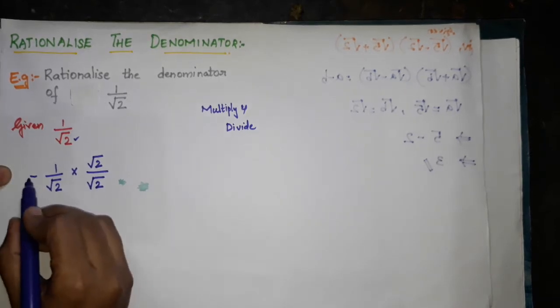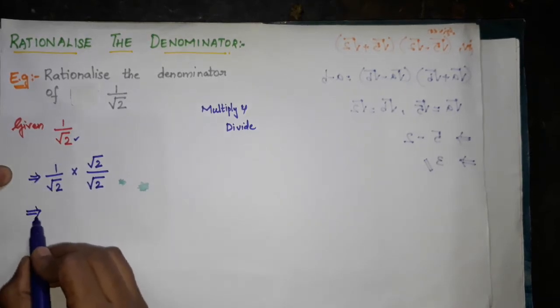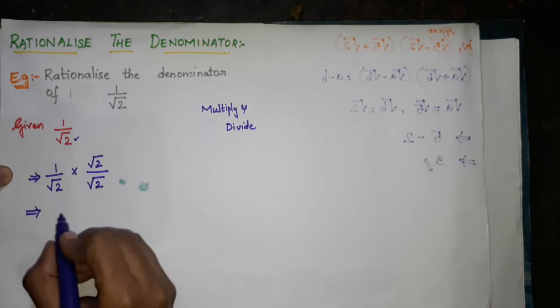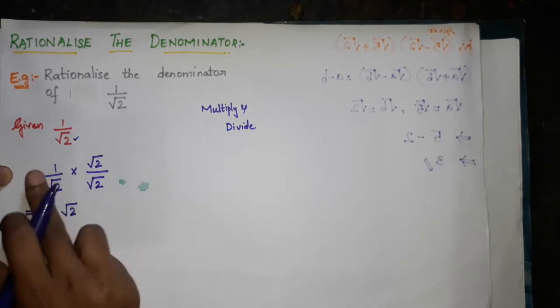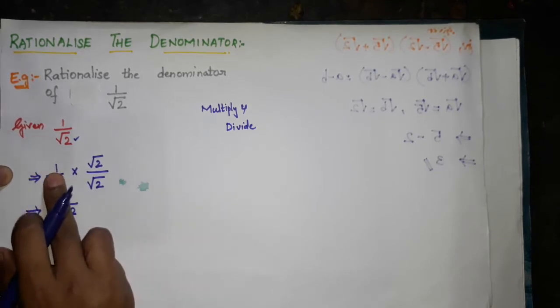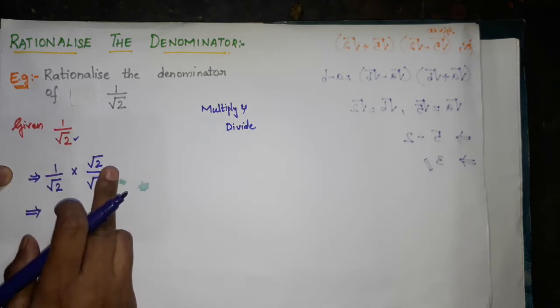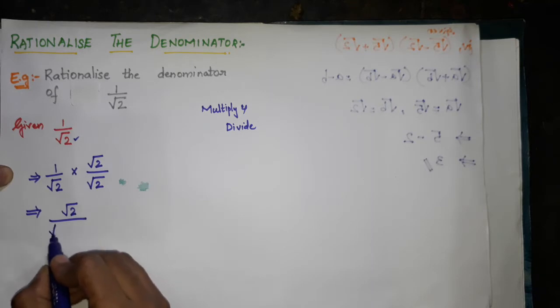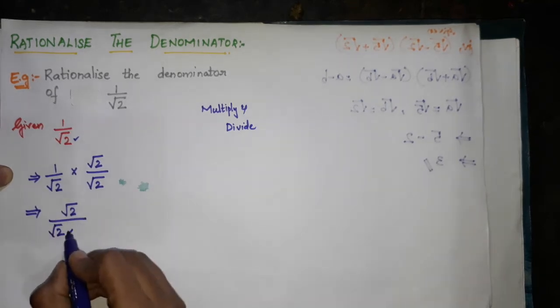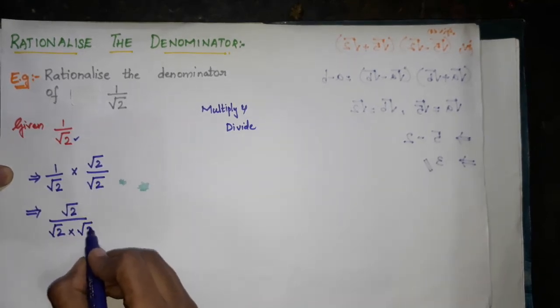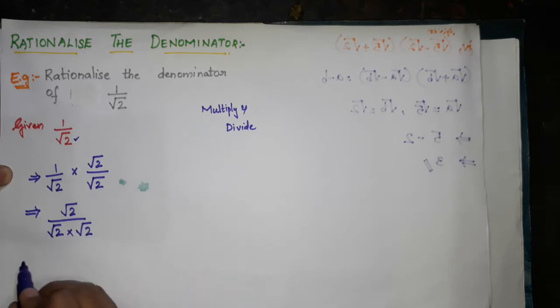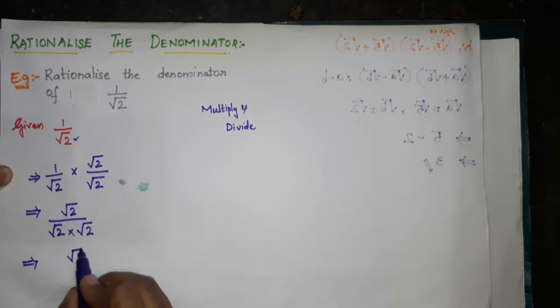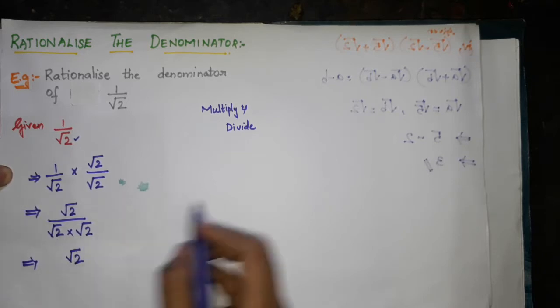Now, 1 into root 2 will give you what? Root 2. If you multiply any number, any variable with 1, you will get the same variable, children. So divided by root 2 into root 2. Now root 2 as it is. Root 2 into root 2 will give you what?